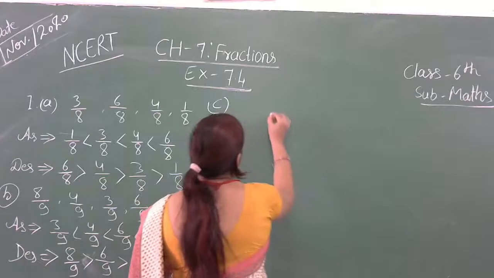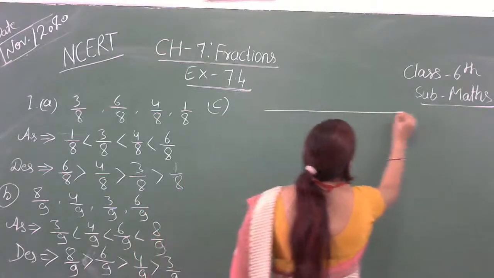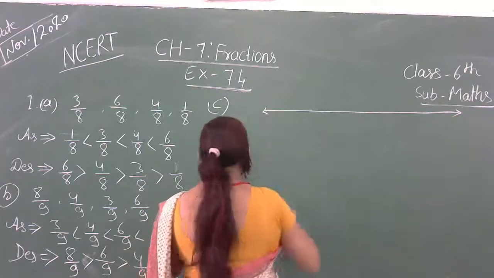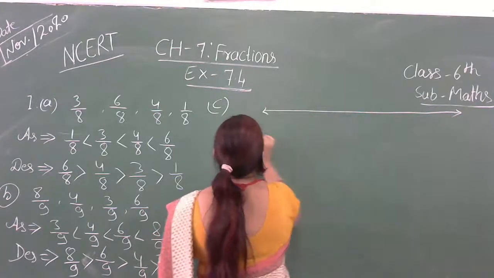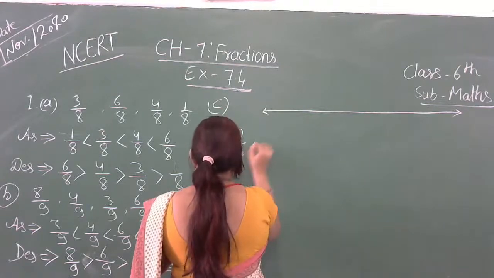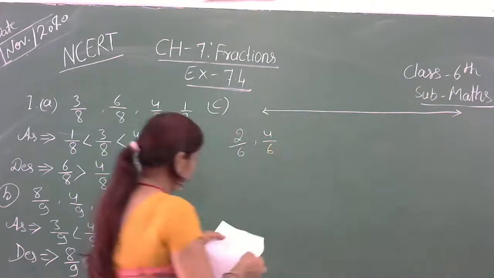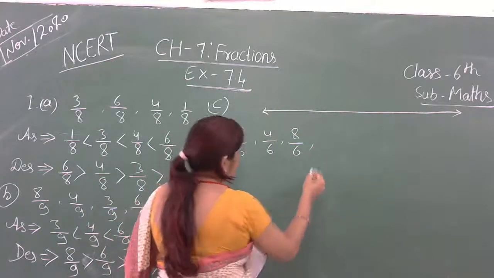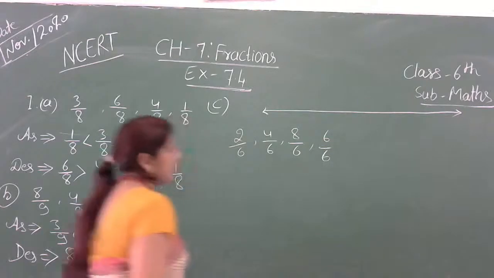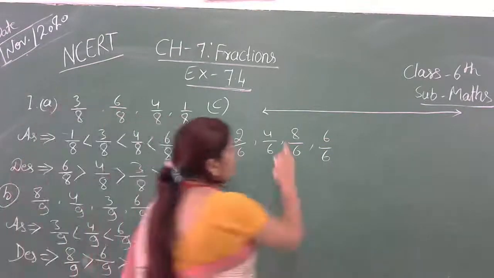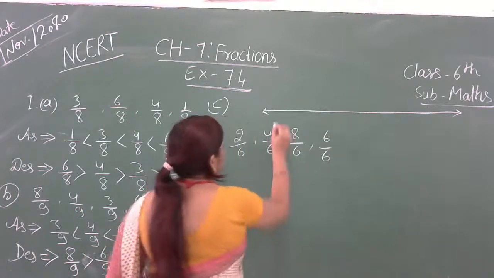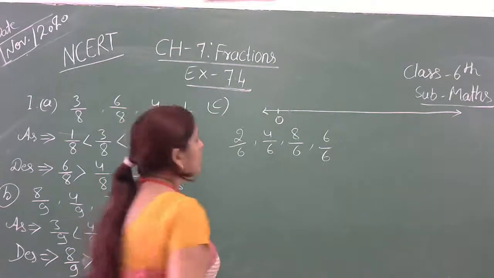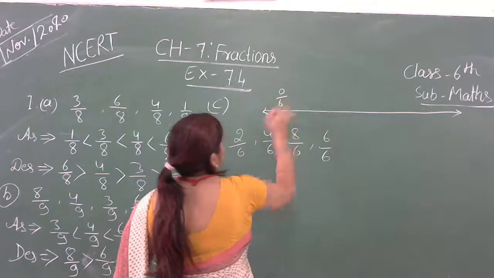So first you show the given fractions on the number line: 2 upon 6, 4 upon 6, 8 upon 6, and 6 upon 6. Isn't it? Now you show these on this number line. So we start from 0. You can write it as 0 upon 6.